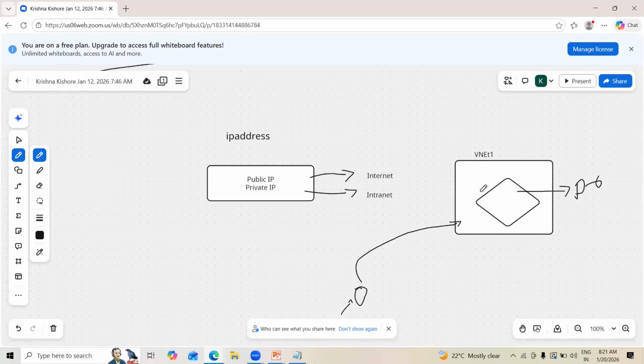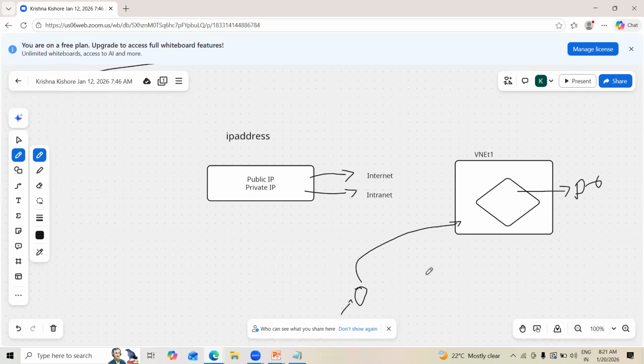My laptop is in a different network, outside of this network. If I'm trying to connect to this server with a private IP, can I connect or not? No.